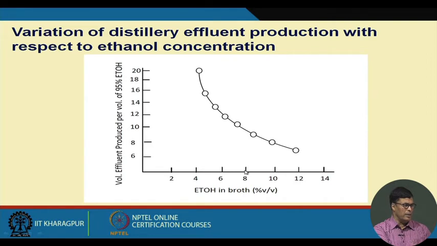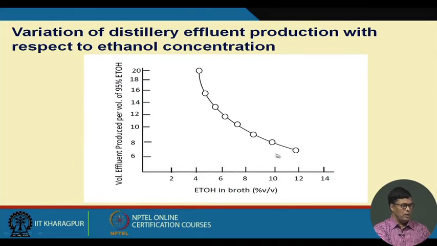In the early days, 15 to 20 years ago, most fermentation in India was carried out in the batch fermentation process, where we get 7 to 8% alcohol. Here, with 7%, it is approximately 12 to 13 liters of distillery effluent per liter of alcohol.